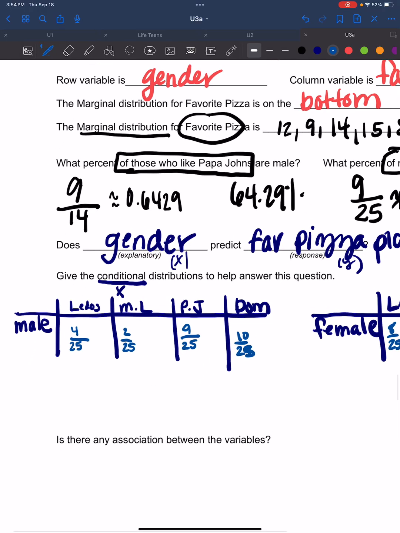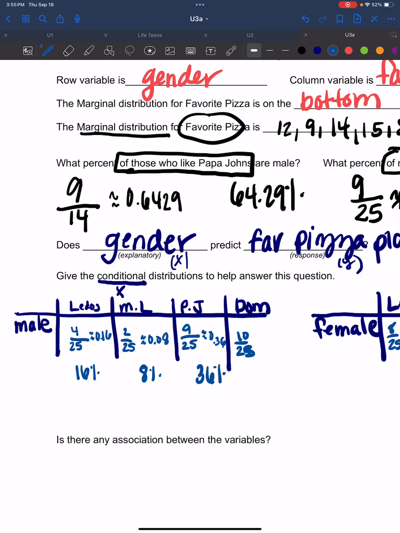So here we're going to do the same thing. And we're going to turn all of these to percents because it's going to help us have a better understanding for what we're looking at and being able to make a comparison. So let's do 4 out of 25 is 16%. 2 out of 25 is 0.08, which would be 8%. 9 out of 25 would be 0.36, which would be 36%.